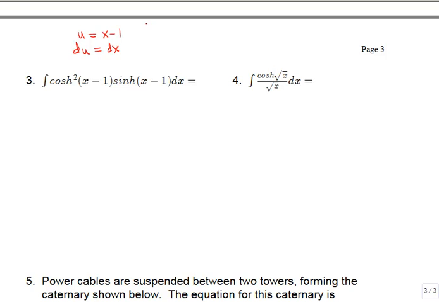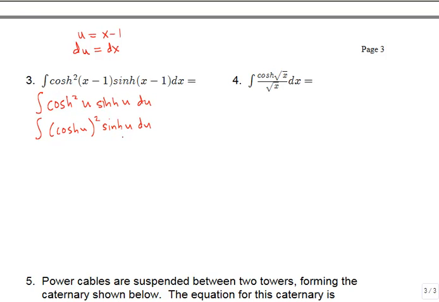So du just becomes dx. So this rewritten becomes cosh squared of u, sinh of u, and this dx becomes du. So at least we got rid of the stuff in parentheses. Now, when I see an integral like this with that cosh squared, what I normally do is I pull that square out and put it outside of parentheses, because then it becomes a little more obvious what to do next.